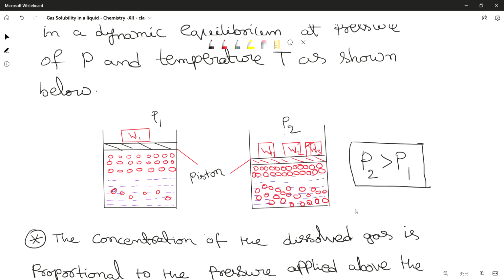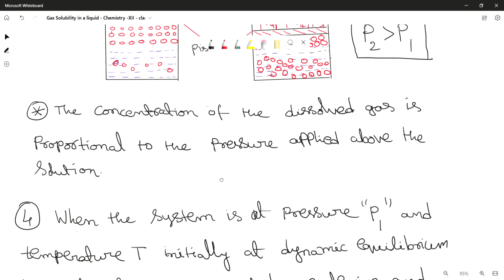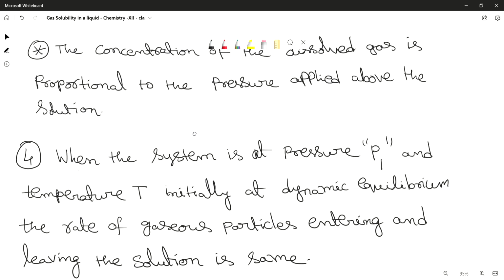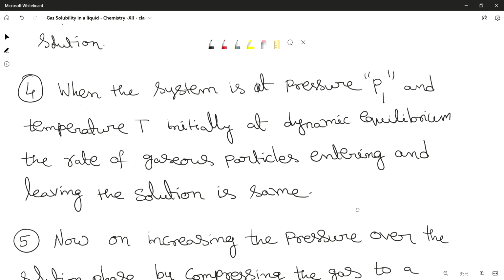The concentration of the dissolved gas is proportional to the pressure applied upon the solution. Both situations are maintained at a fixed temperature. Initially at dynamic equilibrium, the rate of gaseous particles entering and leaving the solution is the same.